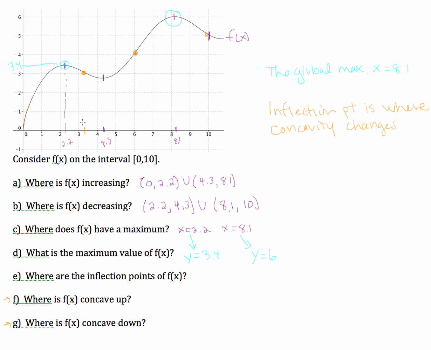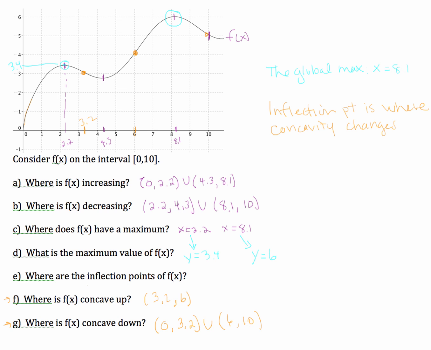This point is about 3.2. This one is at 6. So where is it concave up? It is concave up between 3.2 and 6. And then it's concave down the other areas. So 0 to 3.2 and 6 to 10.